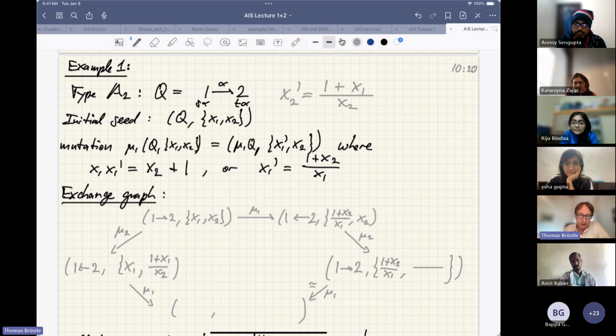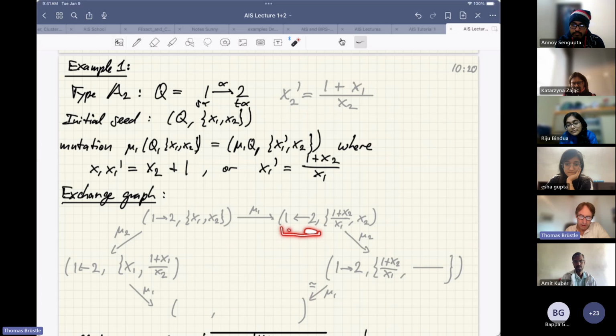The formula doesn't change if I consider all the products of arrows in this quiver that start in 2. There's an arrow starting in 2. This is very good. And it ends in 1.